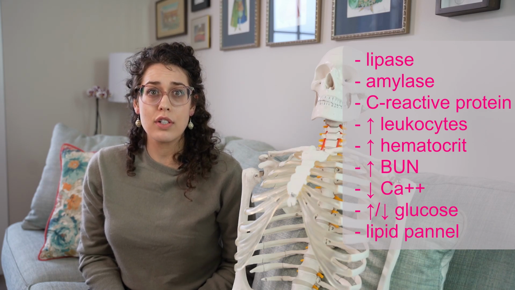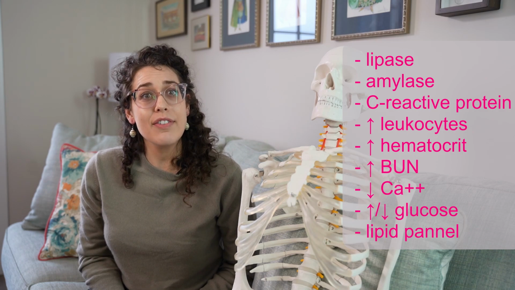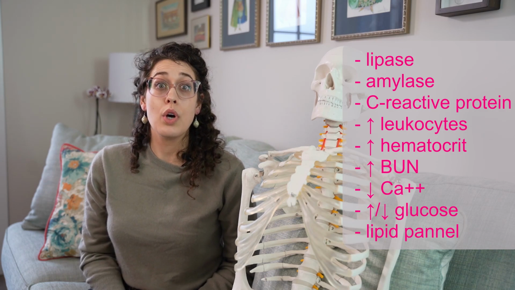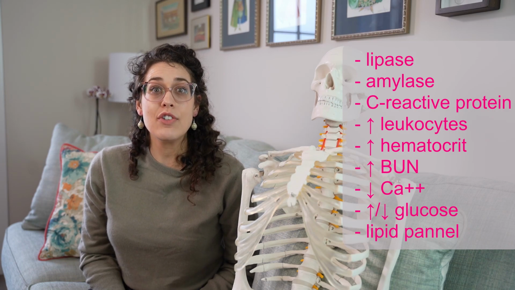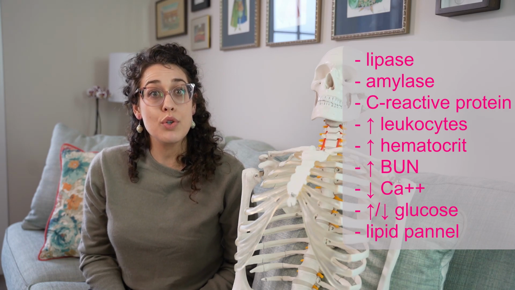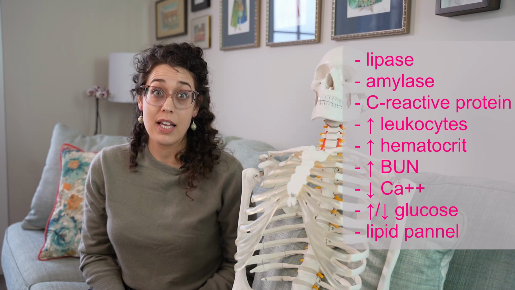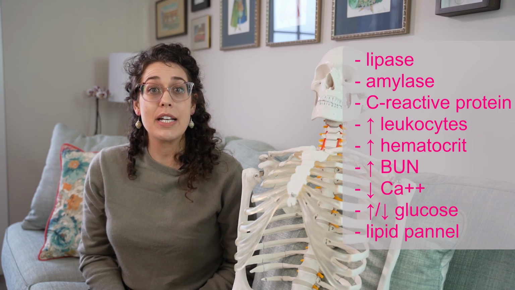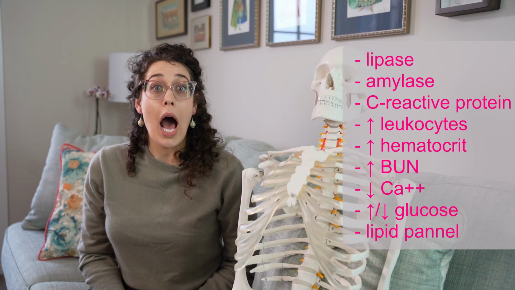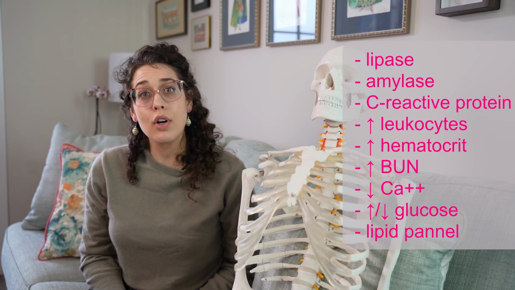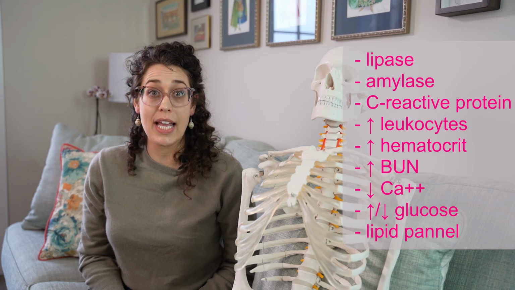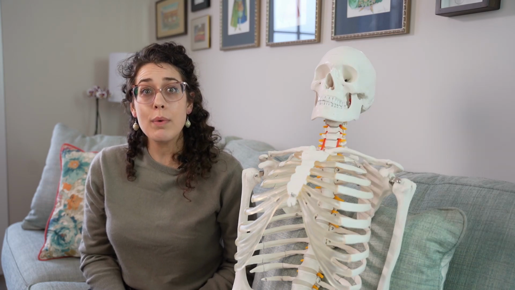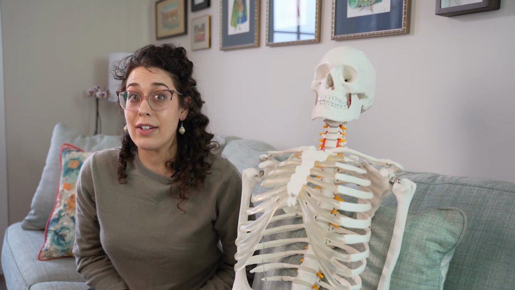You may notice leukocytosis and elevated hematocrit due to hemoconcentration from the extravasation of intravascular fluid as it moves into the interstitial space. There may also be elevated blood urea nitrogen, hypocalcemia, and hyper or hypoglycemia. We will also want to get a lipid panel, but we will talk about that reason later.